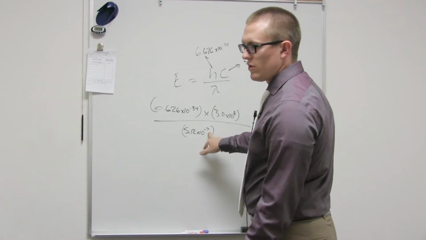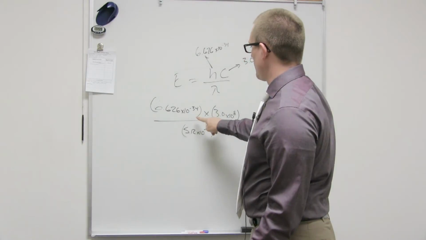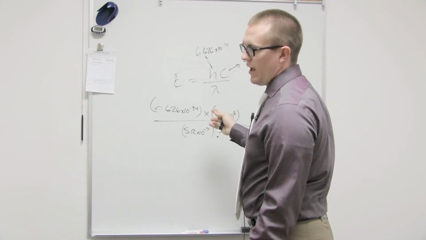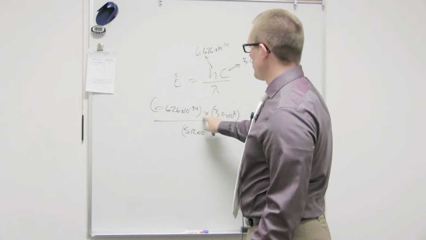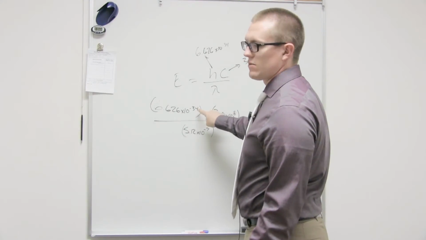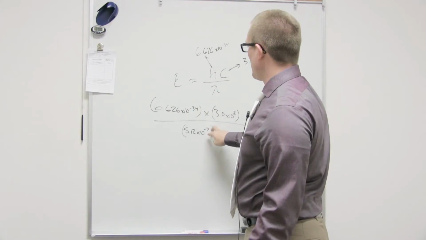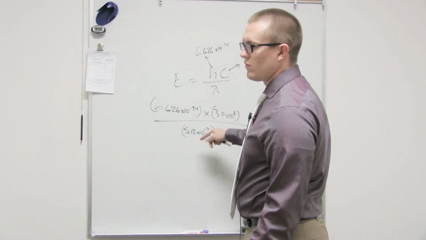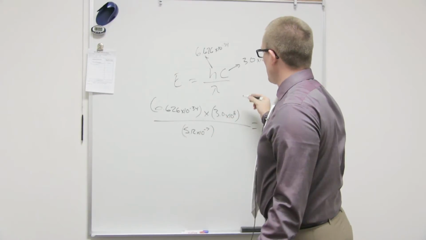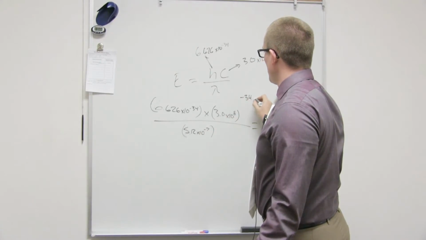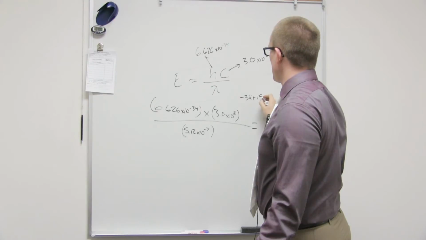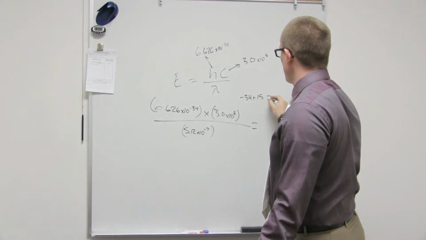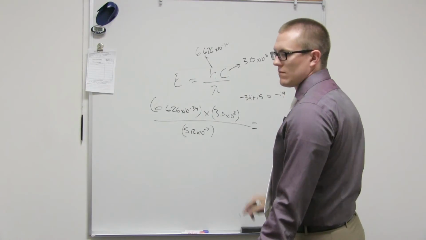Just the way that the exponents add up. If you're multiplying and dividing, then you can add or subtract. If you're multiplying, you'll add these two exponents together, and if you're dividing, you'll subtract. Because this is a negative exponent, we add it, so it ends up being negative 34 plus 15, which gives us negative 19.